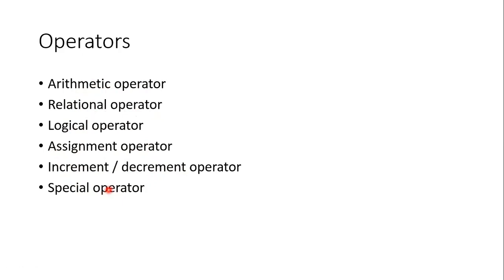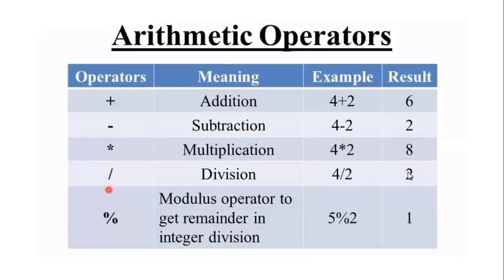Now let us see what the arithmetic operators are. The arithmetic operators are used to perform arithmetic calculations. These are the various arithmetic operators available in C++. The plus, which is used for addition. For example, 4 plus 2. What is the result? The result is 6.